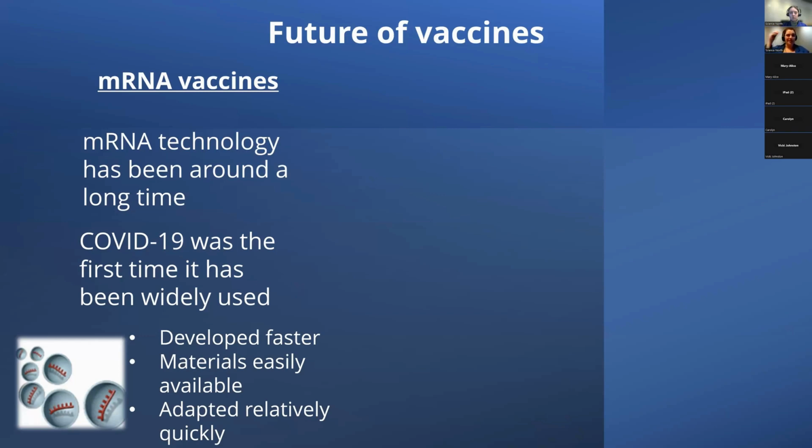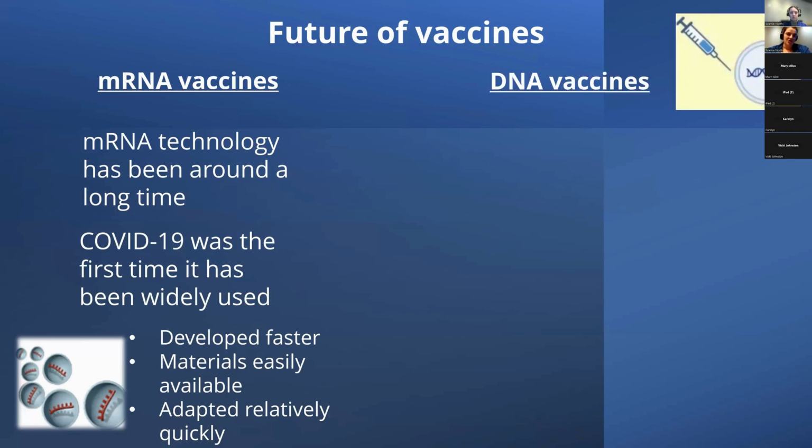Like put a different hat on the Lego person and it's a new person. They have a new job and they're able to fight off this new version or new strain of the virus. So it's a lot faster to develop, which is really cool technology, especially when it comes to viruses that mutate very quickly. We can get on top of making vaccines for those a little bit faster, which is awesome.